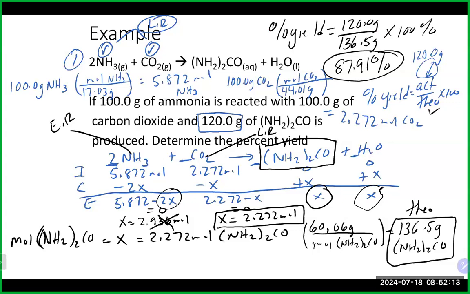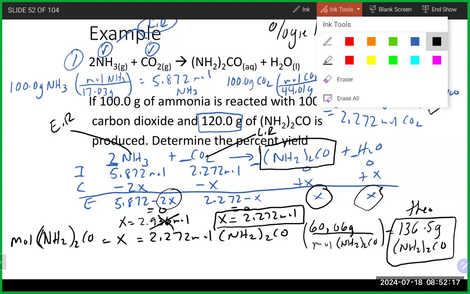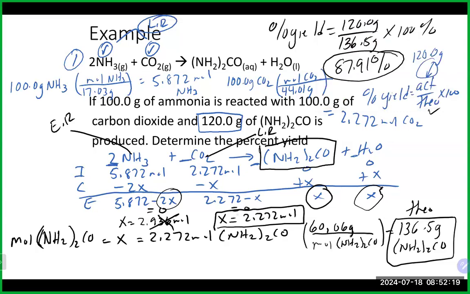So if you're doing the ice table approach, you want to use the value that you get at the end here, the smallest, to go back into each of these. You do not want to use the beginning number or anything like that, if that's what you're asking.